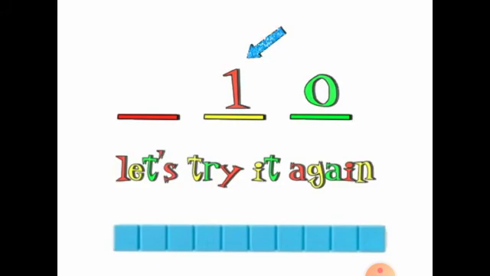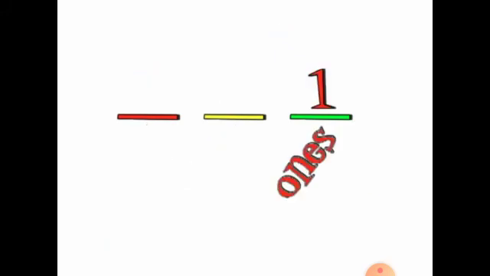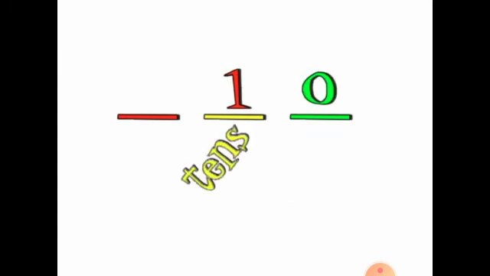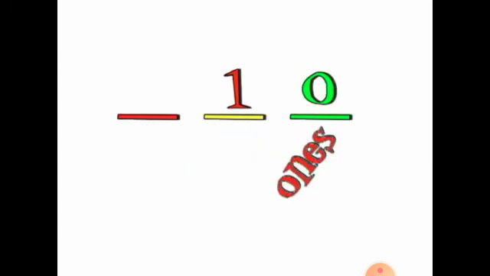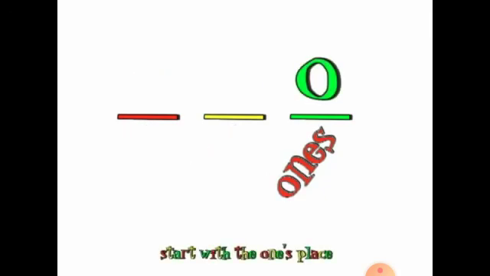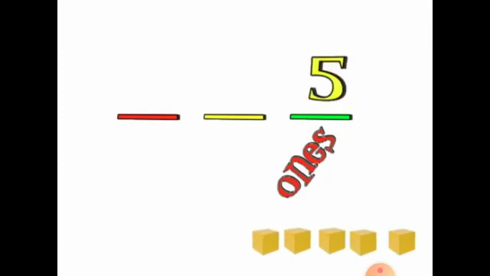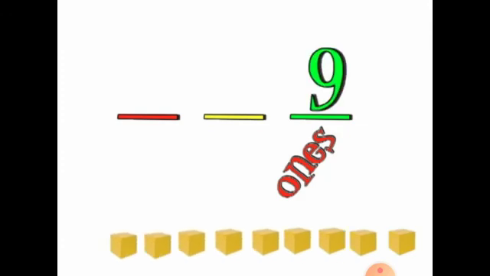Let's try it again. Ones, tens, hundreds, say ones, tens, hundreds, say ones, tens, hundreds, every time, it happens every start with the ones place. Where's that ones place? First in line, it's first in line. Then 1, 2, 3, 4, 5, 6, 7, 8, it's digits 9.